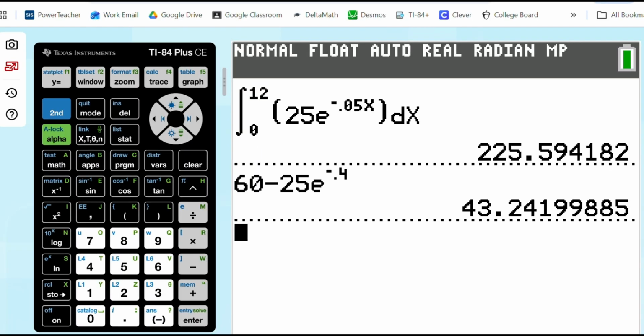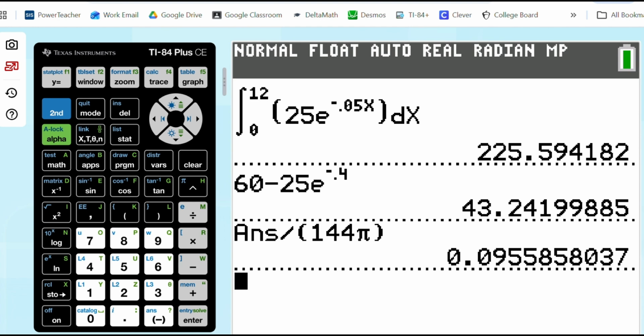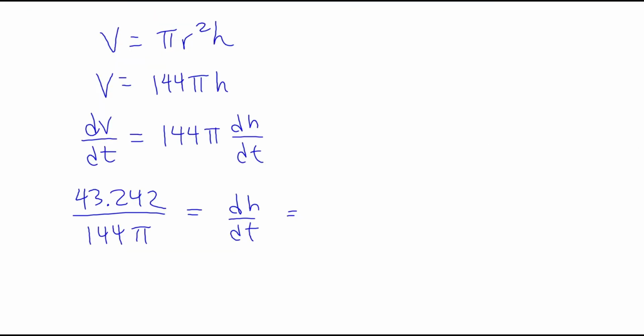And if we go over here, we can just do that number divided by 144 pi. And it looks like we get 0.096. And this time it's height, so that's feet, and then divided by the hours, feet per hour.